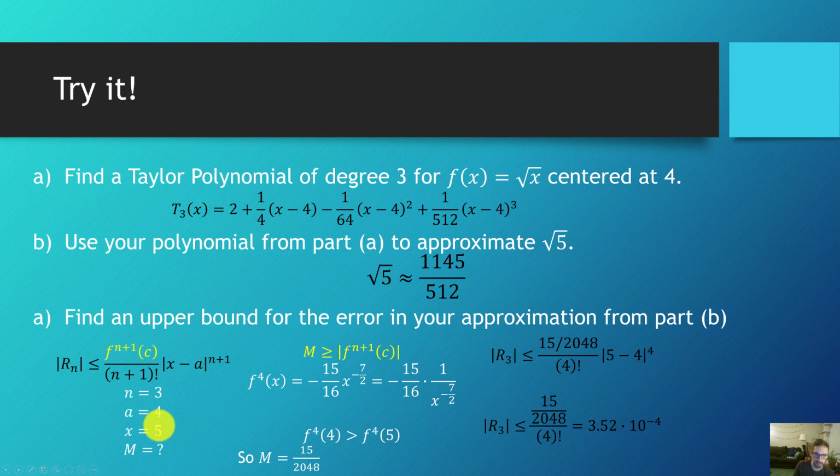We have 4 and 5 that we would test with the n plus first derivative. So here's the work for the n plus first derivative. If we plug in 4, it's greater than if we plug in 5. And so we will do that, and we'll get a result of 15 over 2048. And then here is the work for plugging in all those values, n, a, x, and m. And I left my answer here in scientific notation just because it was a little bit easier.